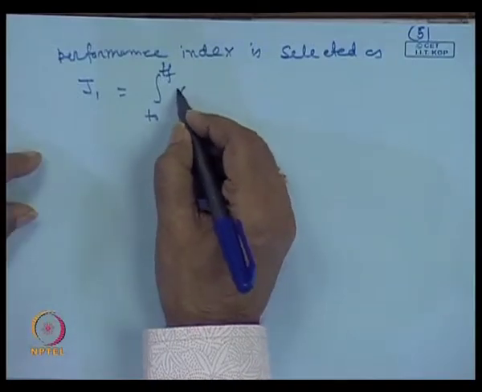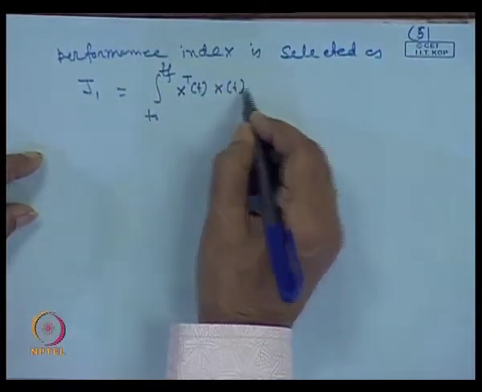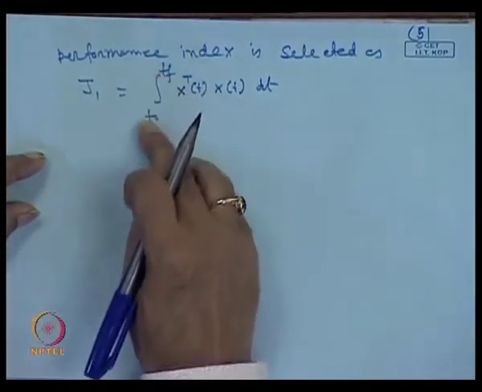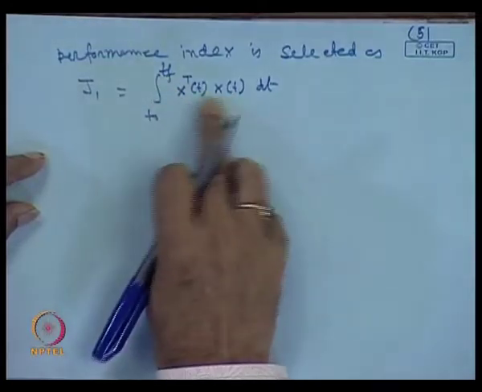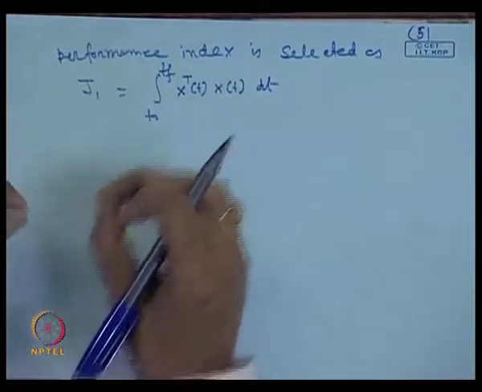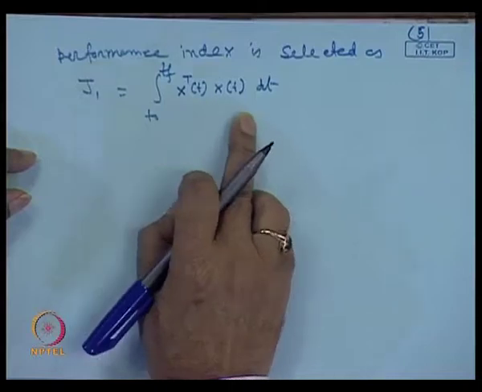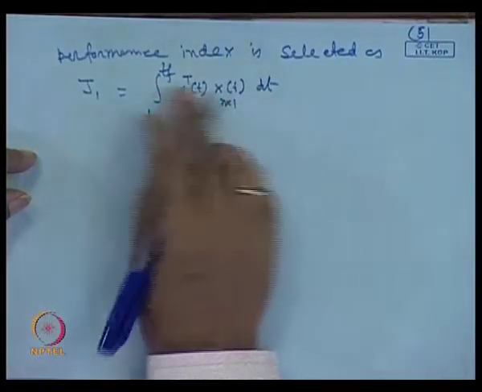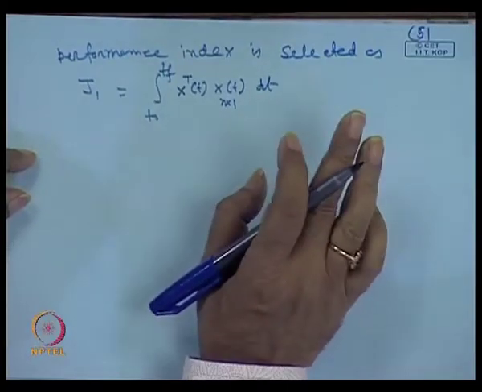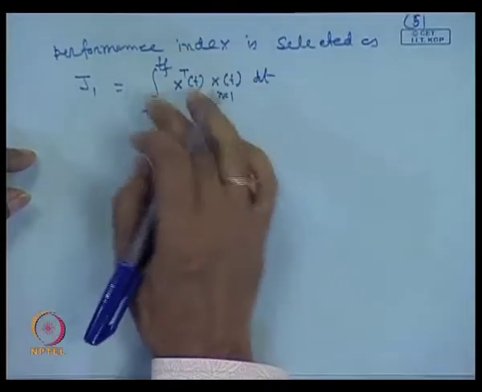That can be represented by x transpose of t into x of t dt should be small. This is nothing but the Euclidean norm of the vector. If the components are x 1, x 2, up to x n, it is x 1 square plus x 2 square plus x 3 square up to x n square. So, this should be small.